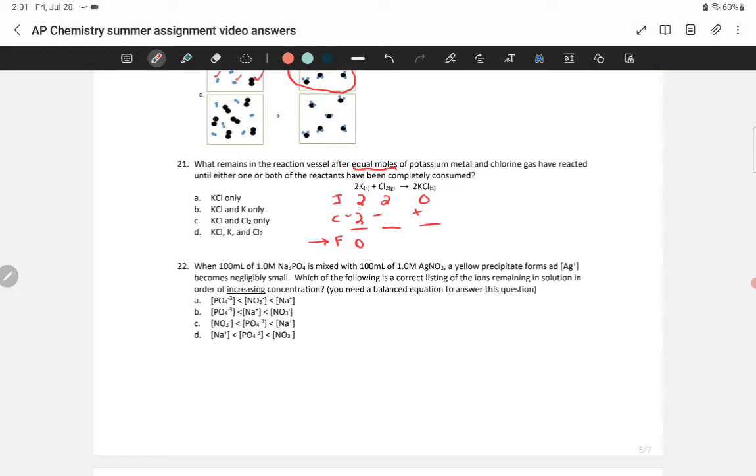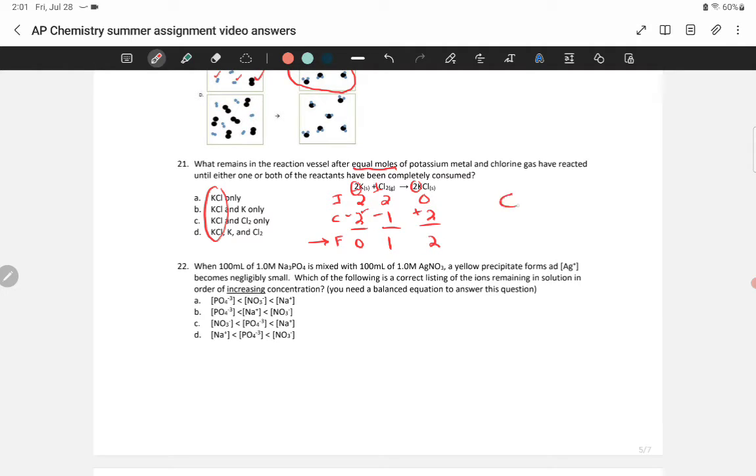If I used up 2 potassiums, I better use up half, because it's a 2 and a 1. So that would mean I would have to use up 1. 2 minus 1 is 1. We don't really care too much about the products because all 4 of these answers have KCl in it. But it's a 2 to 2. So if I have a 2 for a change there, I would have to have a 2 for a change there. 0 plus 2 is 2.